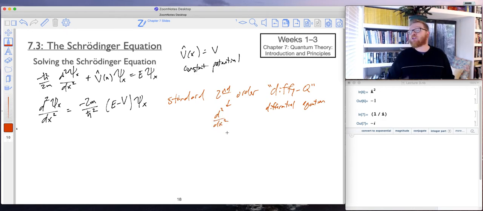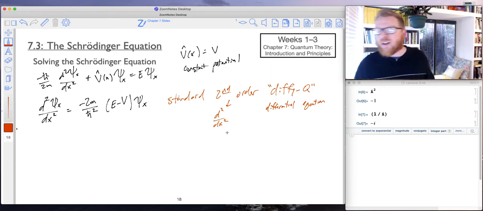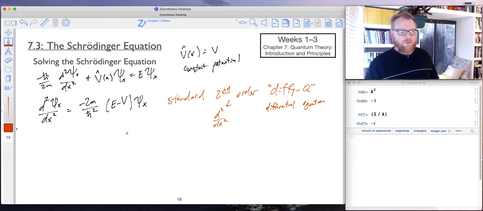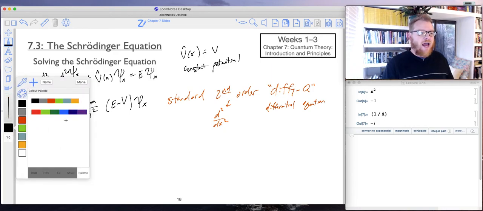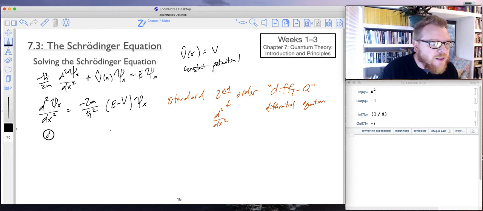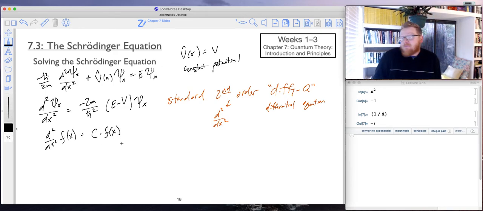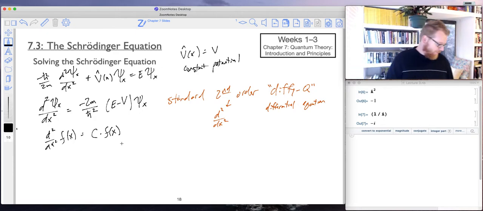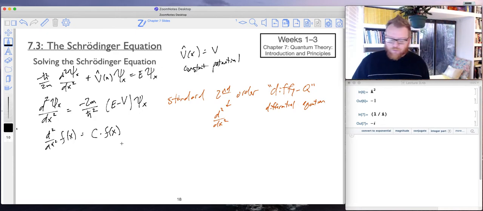So a first order differential equation would be the first derivative. A third order differential equation would be the third derivative, okay? And so as it turns out, because this is a fairly simple form of this equation, and the simplest form of this equation, I'll give it to you generically. So this is d dx of the function f of x equals some constant c times f of x. So that's our standard second order differential equation.